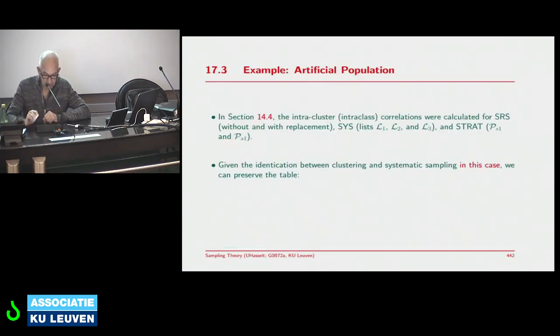All right, so let's look at the artificial population again. So we have already studied quite a few things. We have studied the intra-cluster correlations for simple random sampling, for systematic sampling based on several lists, and for stratification.